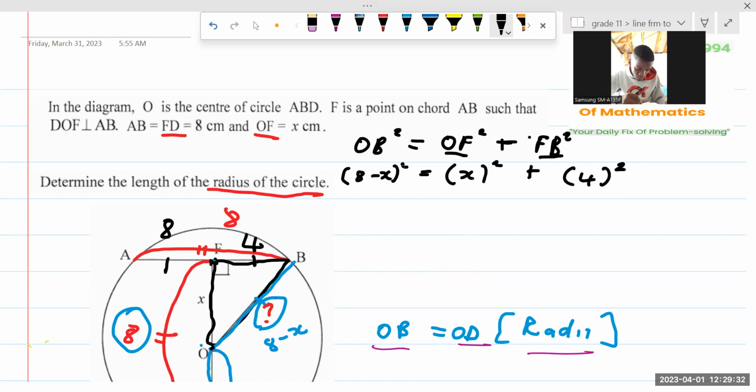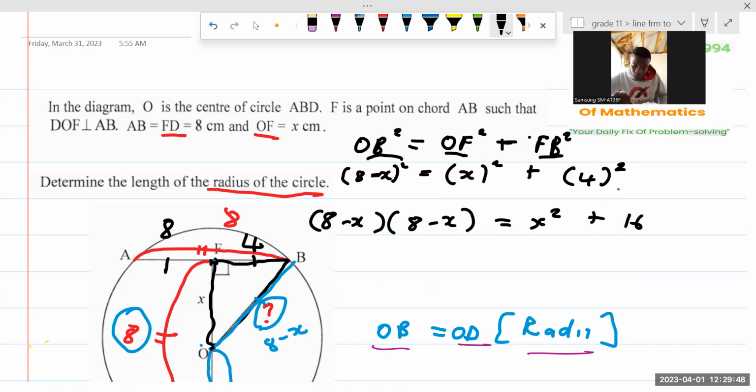Now, with this squared, we can't raise the power to the first power because of this negative. You remember that? So we're going to expand this bracket. We have 8 minus x times 8 minus x, equal to x squared plus 4 squared, which gives us 16. Now, 8 multiplied by 8 gives us 64.